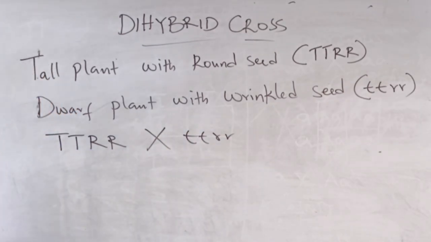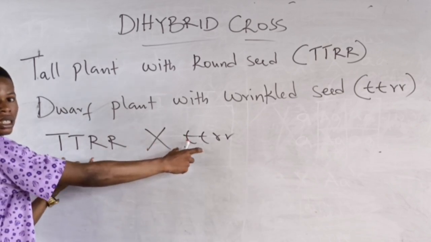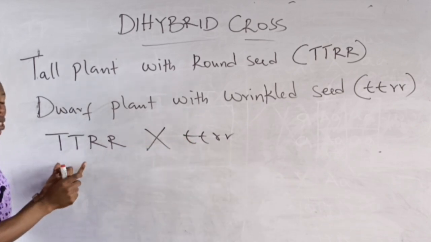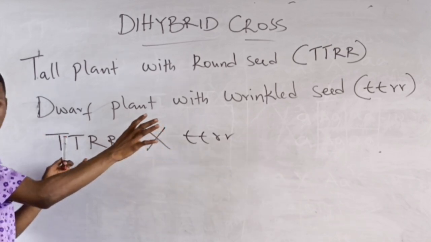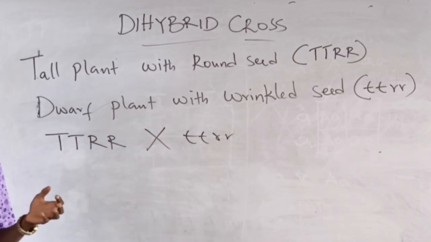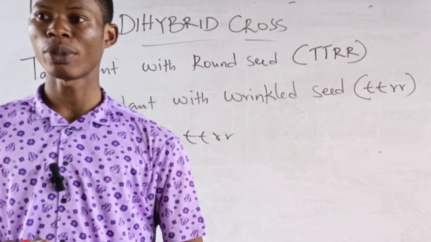You can use your normal crosses, but if you are doing that, you have to cross the traits differently. You cross the traits differently. Tallness and wrinkles, you don't cross them together. But a very easy way to go about it is to use the Punnett square method.